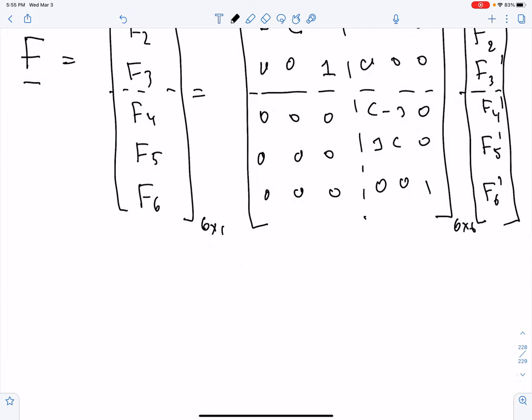And what we notice is, even in the expanded version, this becomes gamma ROT transpose.